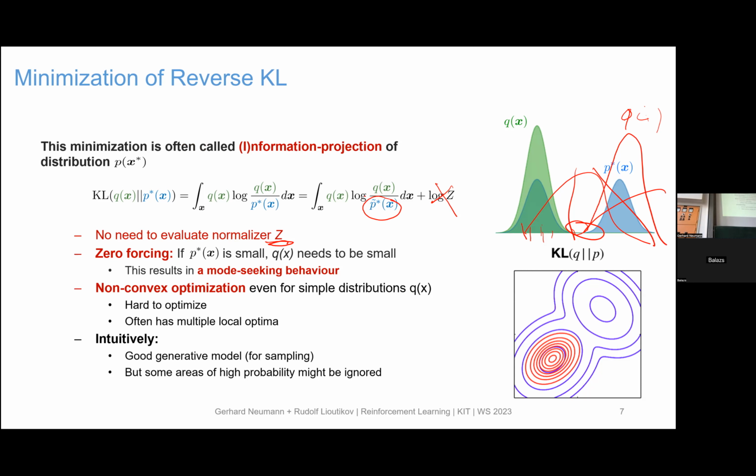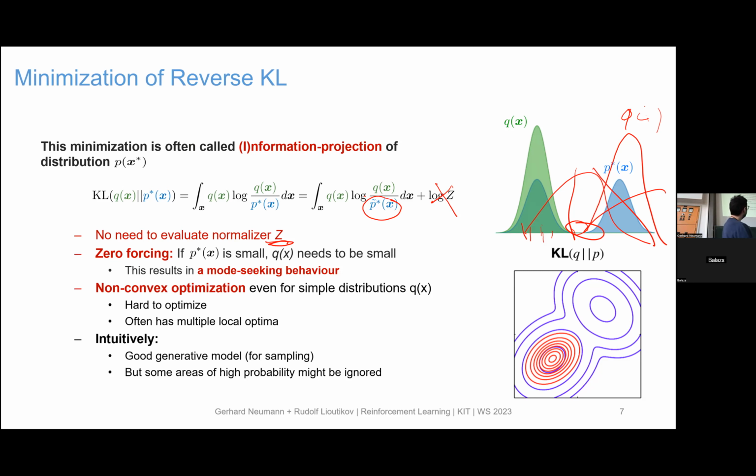Because otherwise the divergence will be very high. So it's rather hard to optimize the I projection. It's a non-convex optimization problem. We'll see for the other projection, the moment projection, is convex. It's much easier.